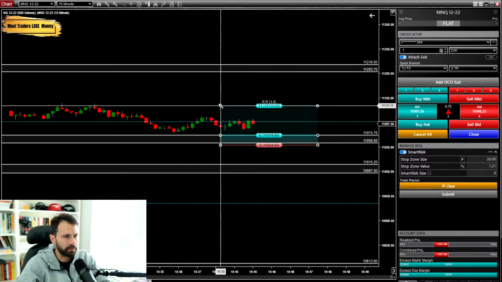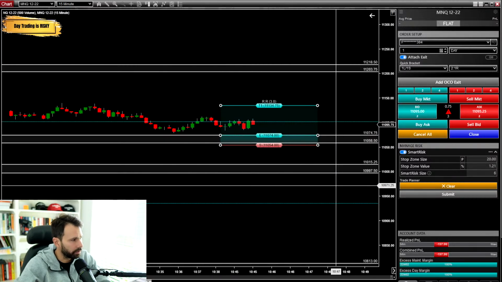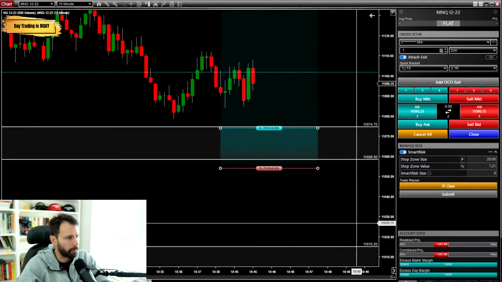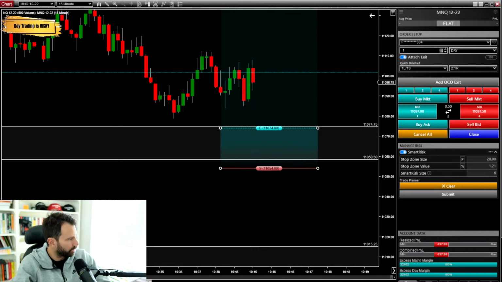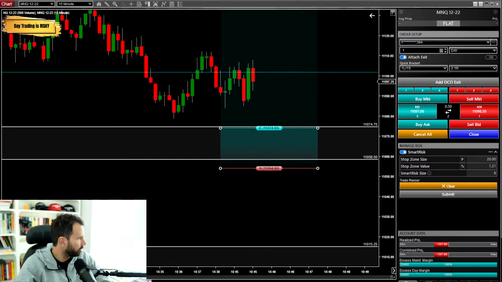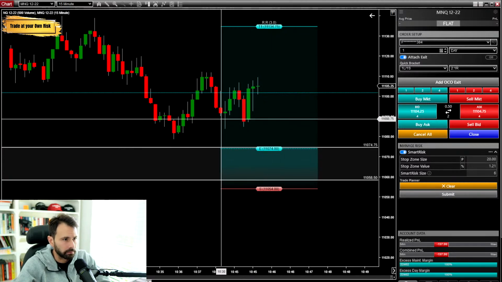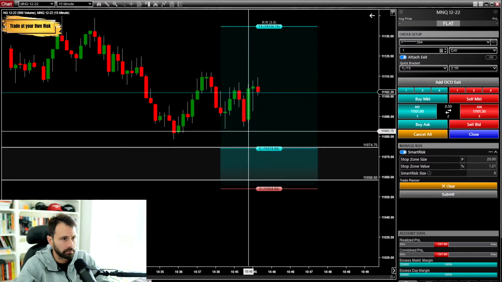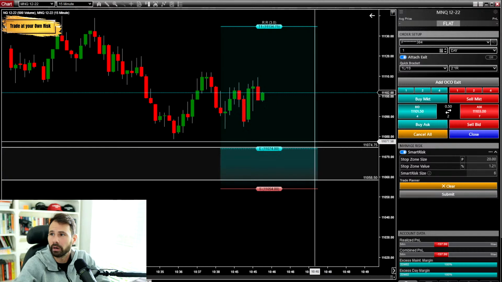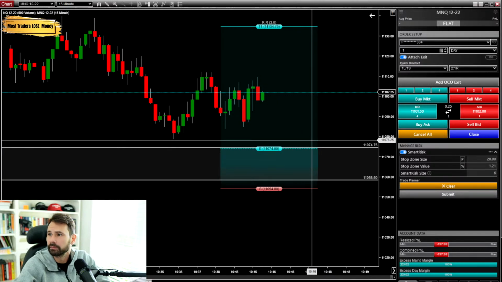All right, so I'm going to try this long here. We do have a little bit of divergence on the tick chart. Now the ADQD does not look pretty, but the dollar does. I think we probably have some more push to the downside.